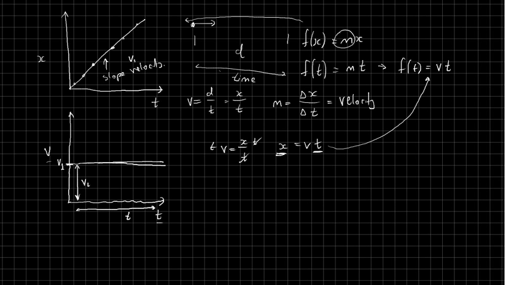Let's say that's t1. And so x1 would then be equal to v1 times t1. And you can just think of this as the area under the graph, this area here. And so if we want to find out the distance travelled, we have to find out the area under this plot.